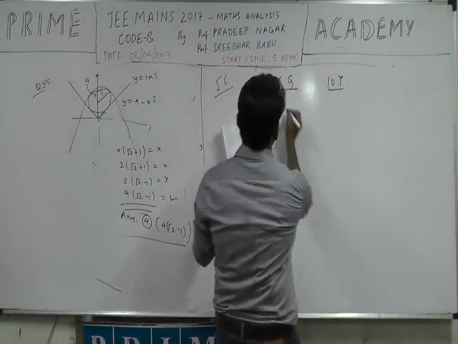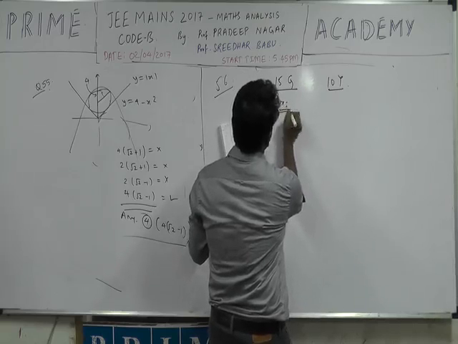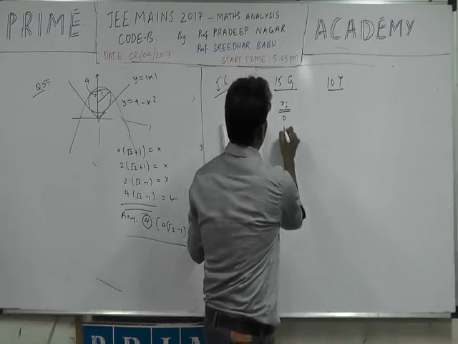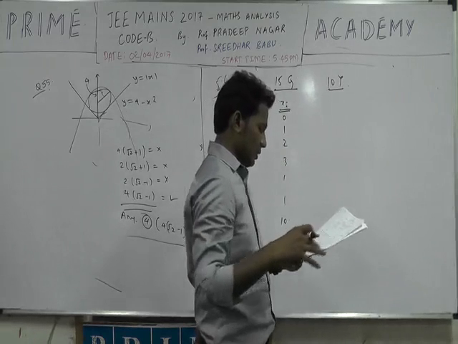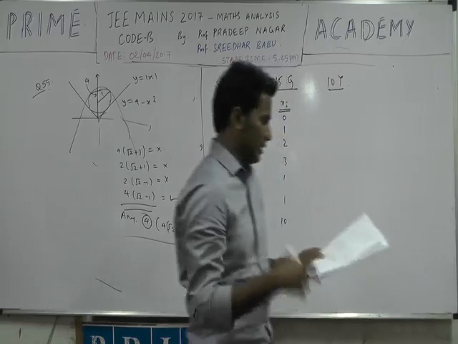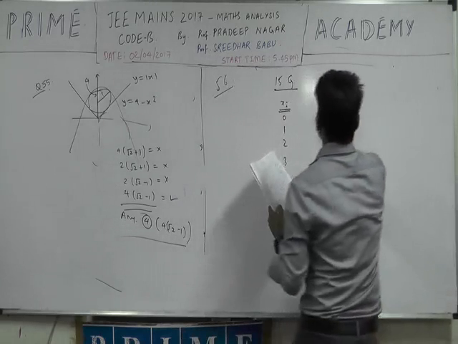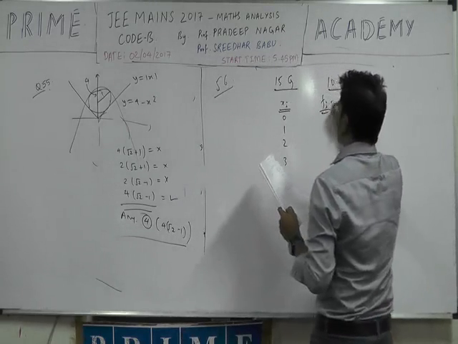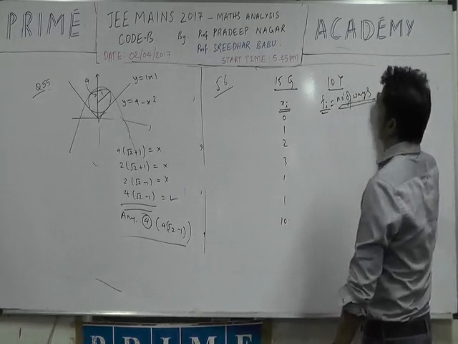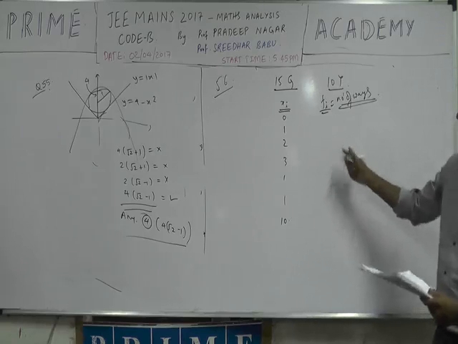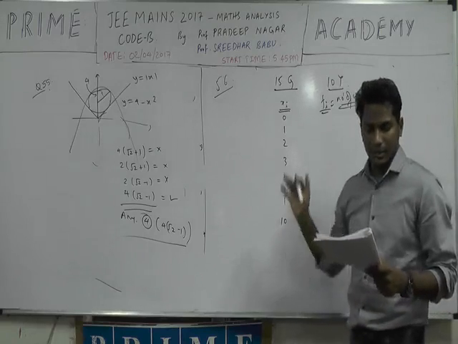When we take the green balls, we can select 0 green balls, 1, 2, 3 or maximum 10, because we are selecting a total of 10 balls, that too with replacement. Here frequency is nothing but the number of ways. Either we can take the number of ways or we can take the probability. In both cases we should get the same answer.